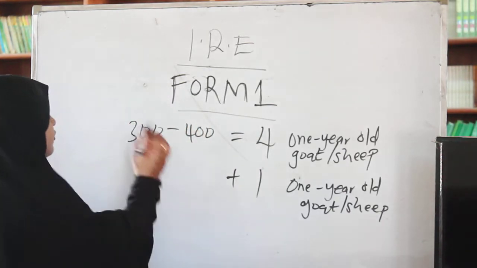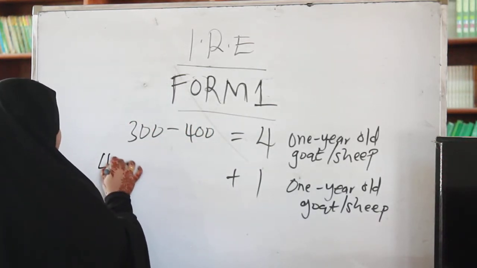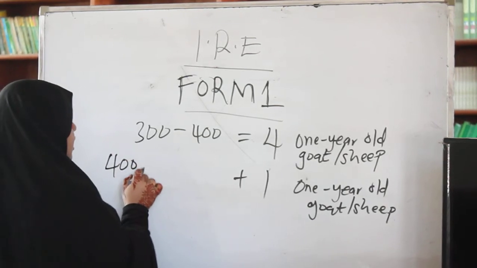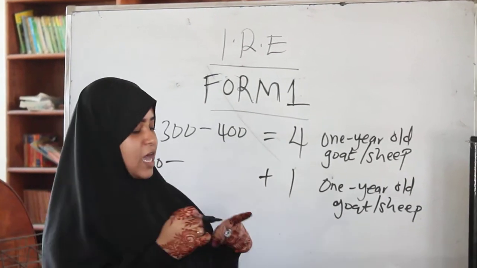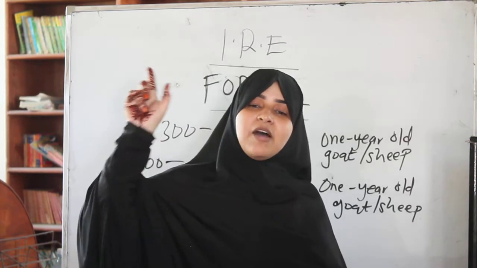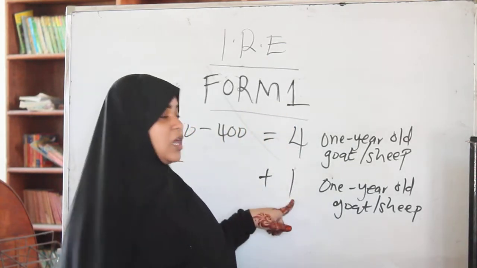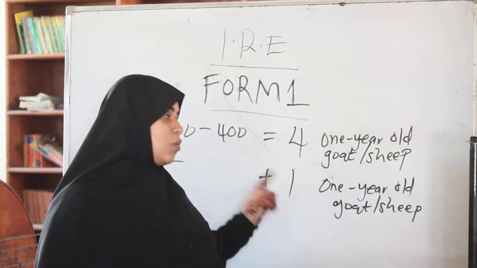So for every extra 100 above 400, you will have to give out an extra 1 year old.